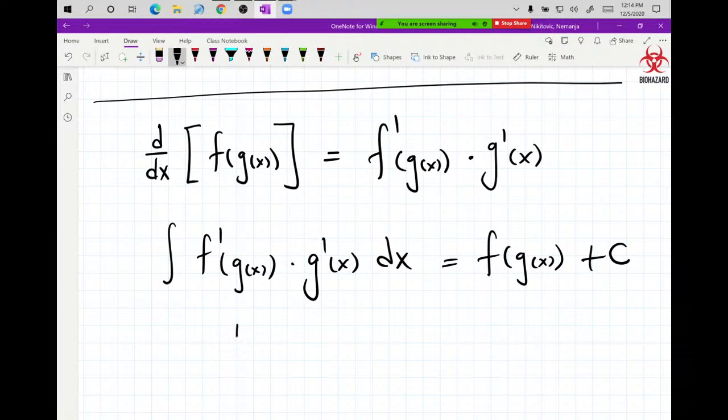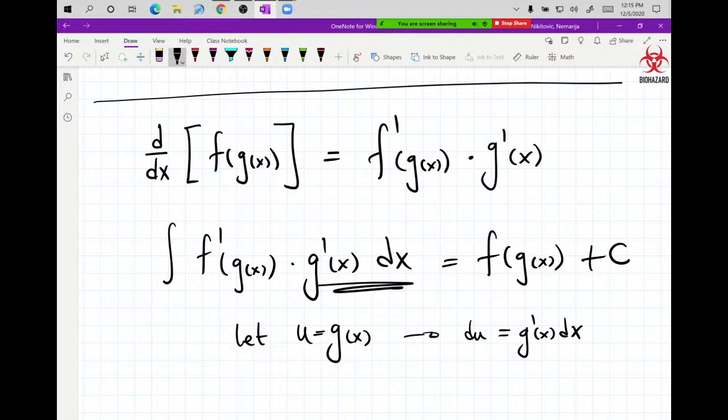Now, let u be g of x, which will immediately make du equal to g prime of x dx, which you can see in here.